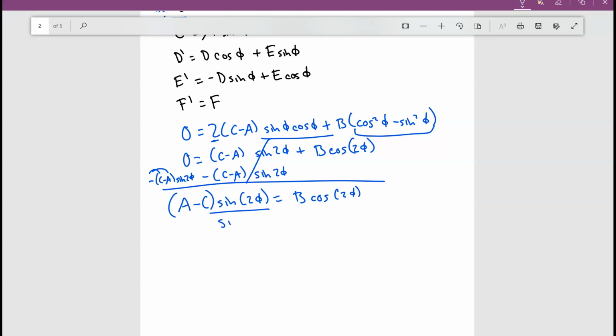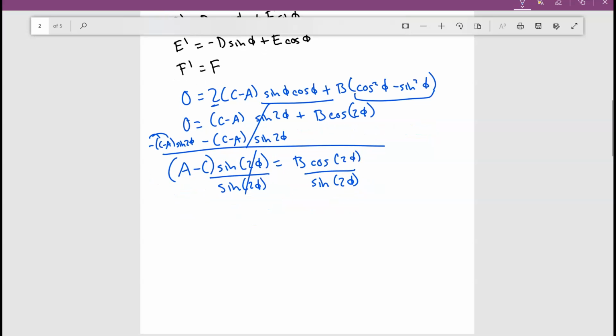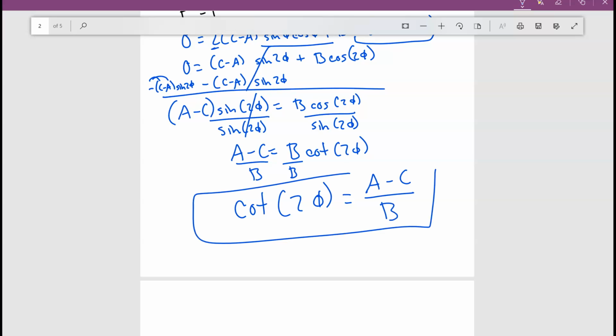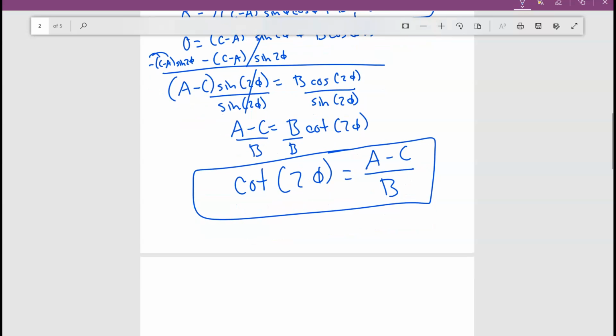I can divide the sine over, and what I get is a minus c is equal to b times cosine over sine, which is cotangent 2 phi. I'm going to divide by this b now, and what we end up getting is that cotangent of 2 phi is equal to a minus c over b. So if I want to choose an angle that will make the b term go away, then this formula is going to be useful.